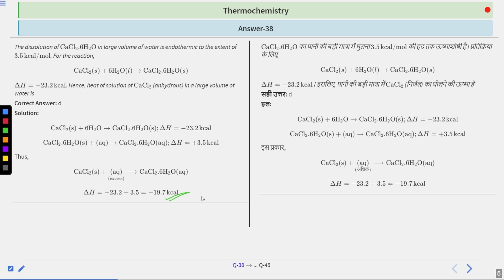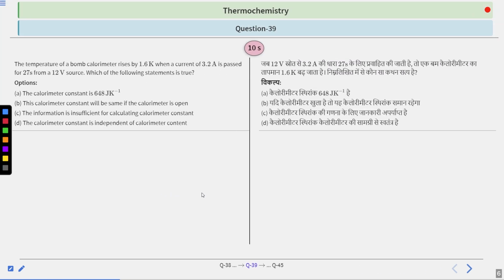Now moving on to the next question. Question number 39. The temperature of a bomb calorimeter rises by 1.6 Kelvin when a current of 3.2 ampere is passed for 27 seconds from a 12-volt source.